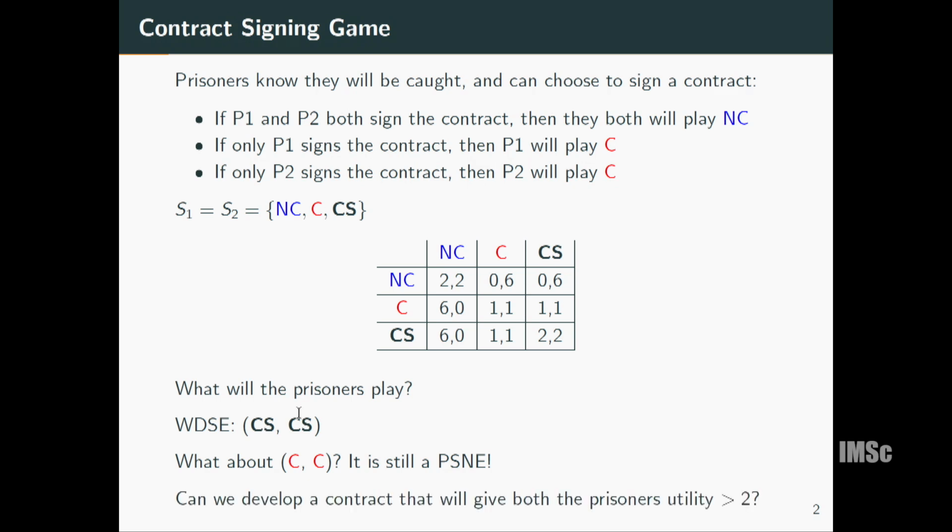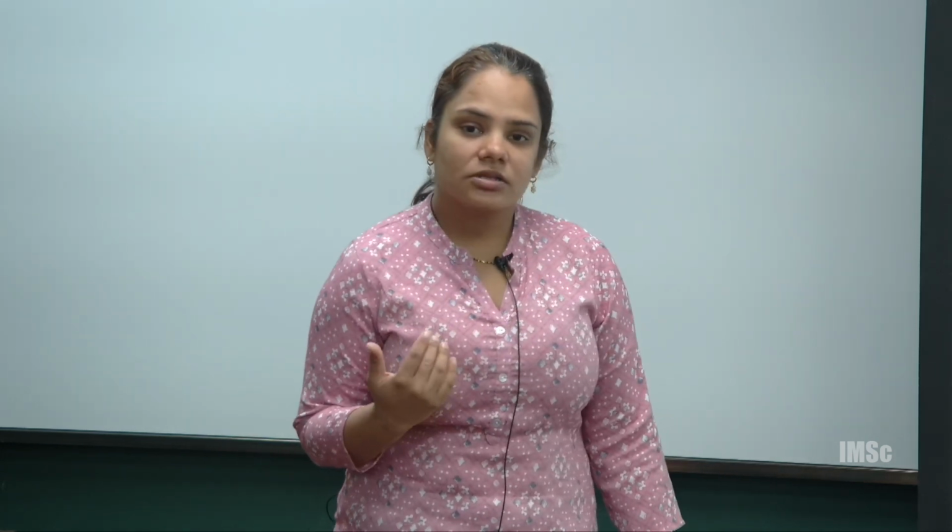Okay, so good. We understand that if the prisoners were to sign the contract, they can derive a utility which is much better than 1, 1, which they were earlier getting when they were playing only with respect to self-interest. Now I want to ask the question: does there exist a contract where they derive a utility which is strictly greater than 2, both of them together, 3, 3 or 4, 4 or something?